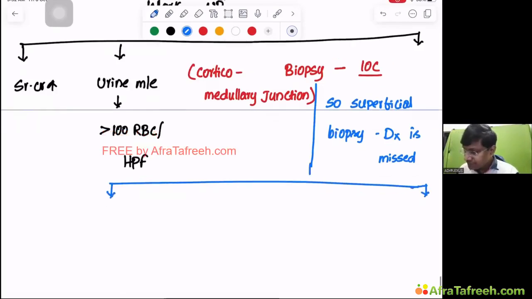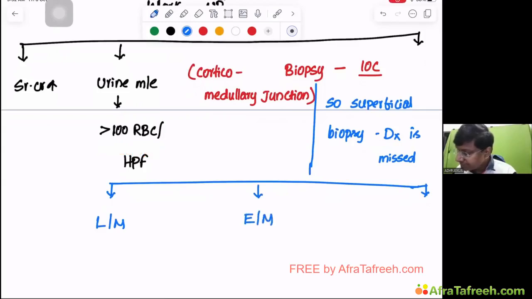What will be the light microscopic finding? What will be the electron microscopic finding? And what will you notice in the fluorescent microscopy?